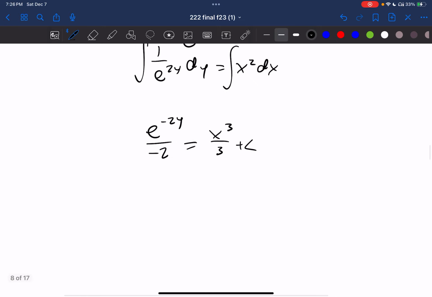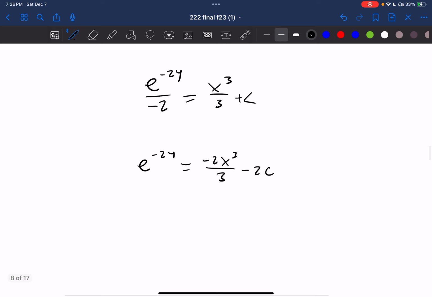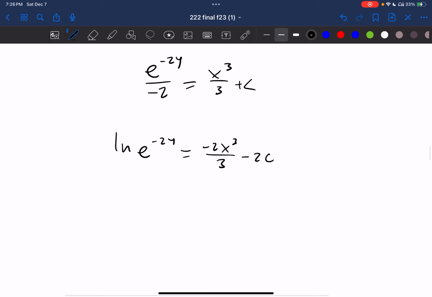Solving this for y, what will we get? Okay, so e to the negative 2y will be equal to x to the third power. Multiplying both sides by negative 2, we're going to get negative 2x to the third power divided by 3 minus 2c, and then take ln of both sides. ln of both sides will leave us with negative 2y equal to ln of negative 2x to the third power divided by 3 minus 2c.